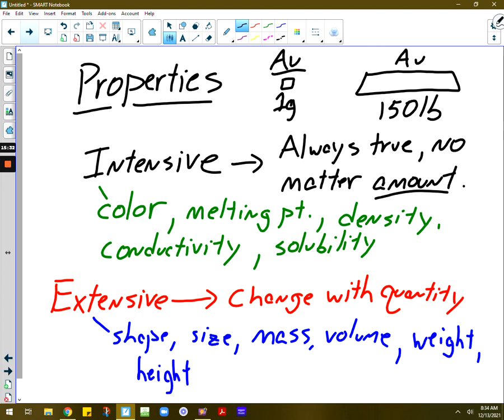They're built in, they don't change. Gold is always going to be shiny, gold colored, a soft metal, non-reactive, and conducts electricity really well, no matter how much I have. It's going to sink when I put it in water. Whereas all these things here, like the shape, the size, the mass, the volume, the weight, the height, how much money I can get for it, those things all change with amount. So they're all extensive.